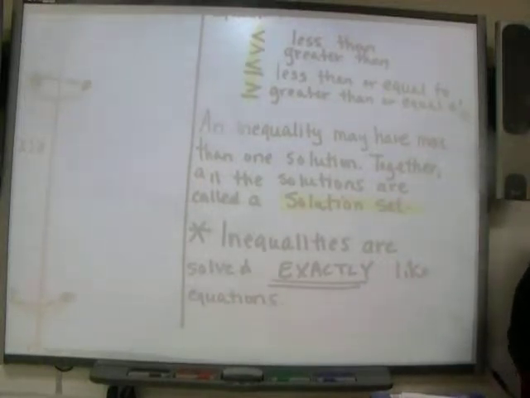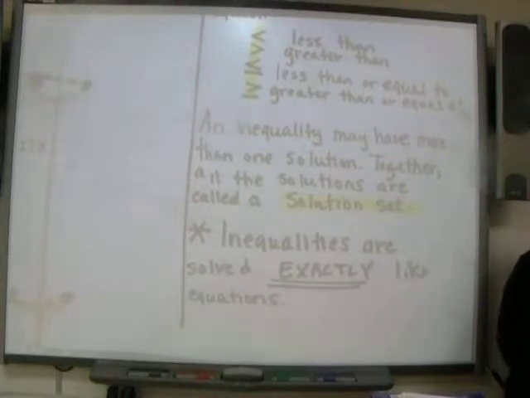You still pretend that that balance is there. The only thing is, instead of dropping that equal sign each time, you're dropping that inequality sign each time. And there is a special circumstance, and we'll talk about that when we get there.